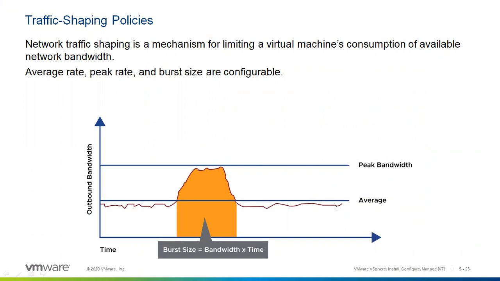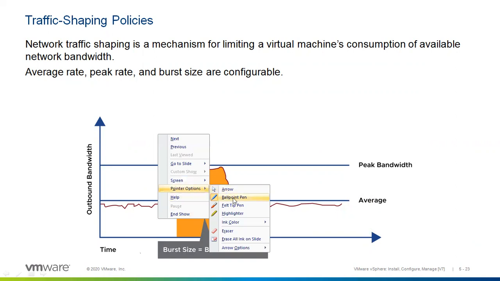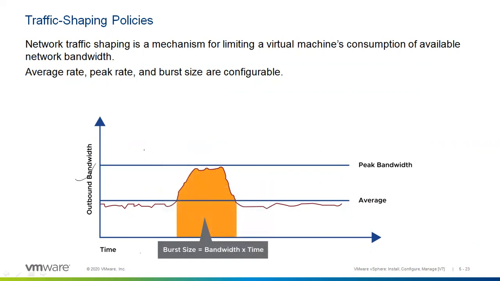So here in this picture, this pictorial diagram is for outgoing traffic that's going outside from your virtual port to the physical switch.